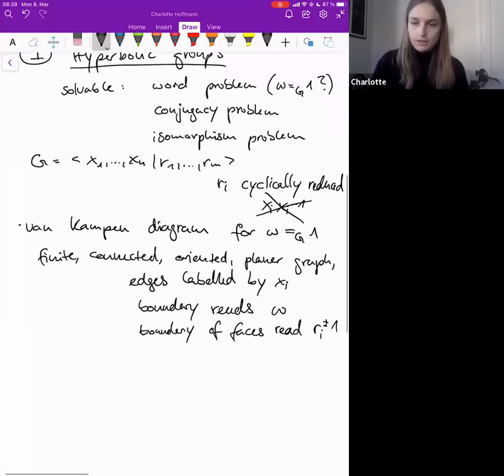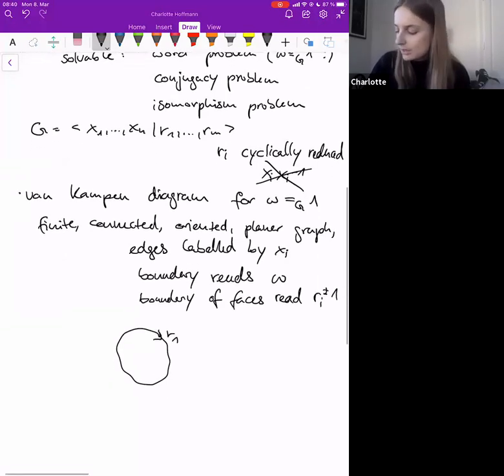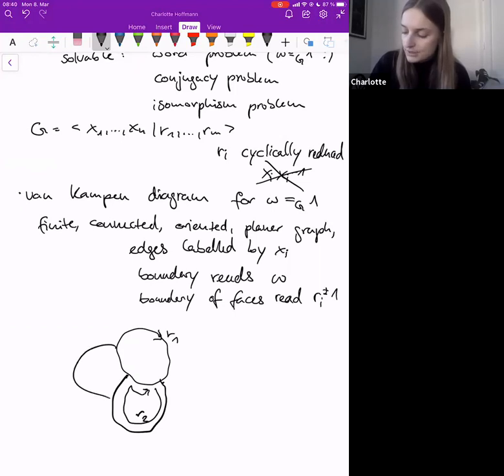Okay, so the Van Kampen diagram looks something like this. I have some face here, which, if I read this in this direction, might read the first relator, and then another face attached here. And if I read somewhere here, maybe this is the second relator, and so on.